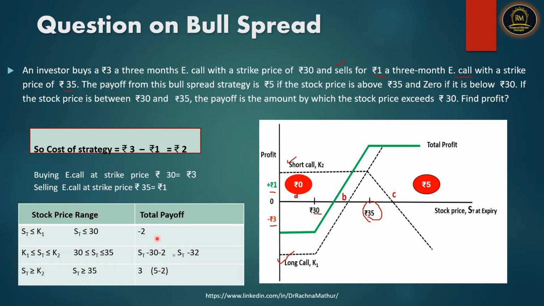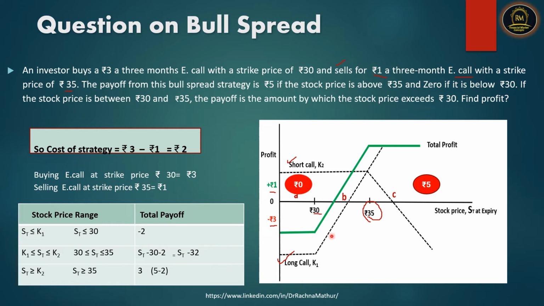Your loss will be limited to the cost of making the strategy, that is 2 rupees, because 1 rupee you have already covered by hedging your long call with a short call as well. Now when the stock price is somewhere in between, your payoff will be whatever you receive beyond rupees 30: the stock price minus 30, the lower strike, minus 2, the cost of making the strategy. Your total payoff will be ST minus 32.